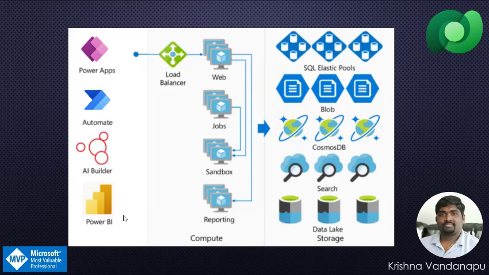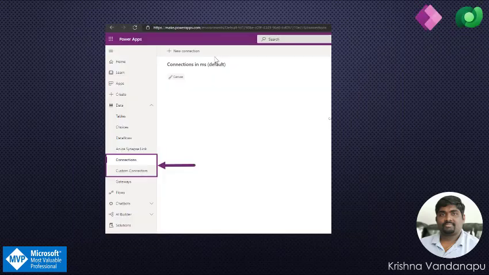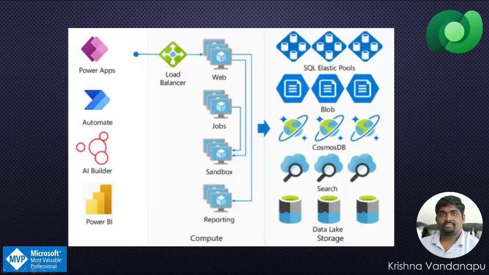So as it shows, first the request goes to the load balancer, and the load balancer will send it to a web server. How does it send to a web server? It identifies which web server has free bandwidth to process the user request.